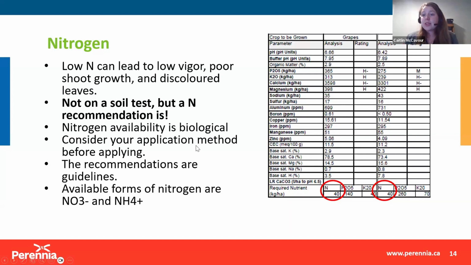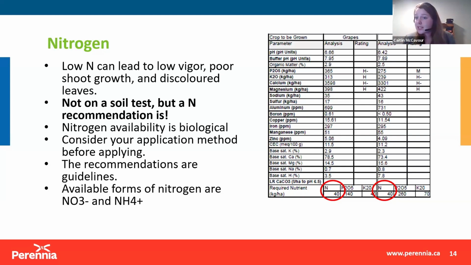So the thing that I want to talk about with the recommendations is that these are a guideline. And so it's a great place to start. However, you may need to adjust these recommendations if you have other practices that supply nitrogen to your soil, such as applying other organic amendments, or if you are incorporating a cover crop with legumes.